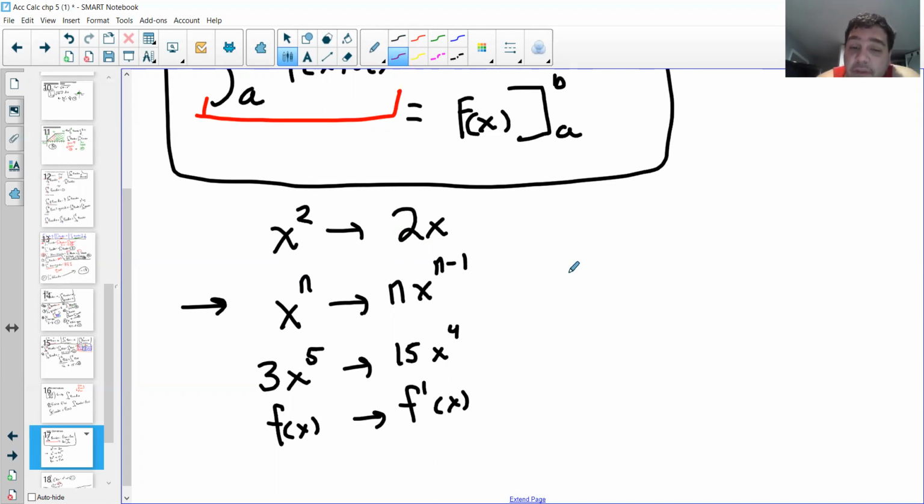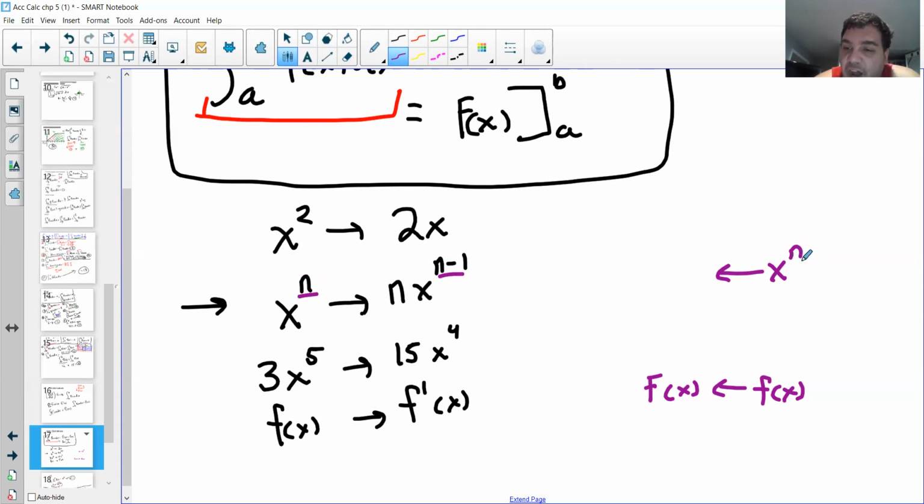Now, antiderivatives should be kind of in reverse. So if this is f of x, we're going to go up a degree, so capital F of x. We're going to go backwards in this case. If I'm given x to the n power, we go backwards to get to this situation. From here to here, this is n minus 1, and this is n.